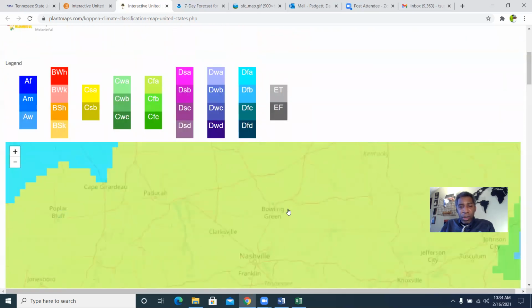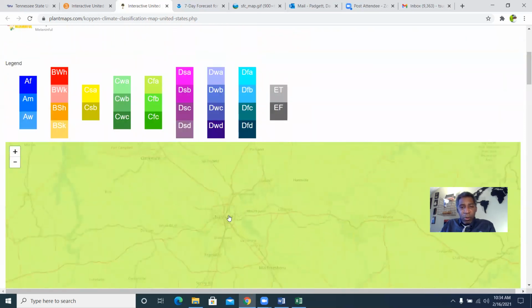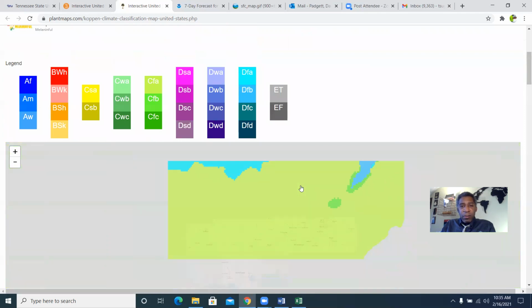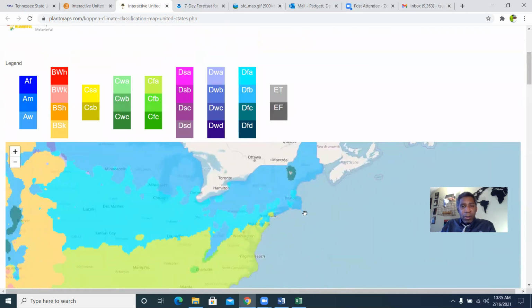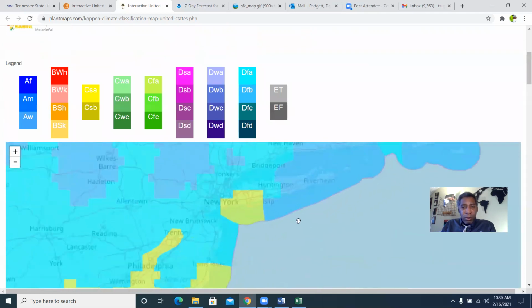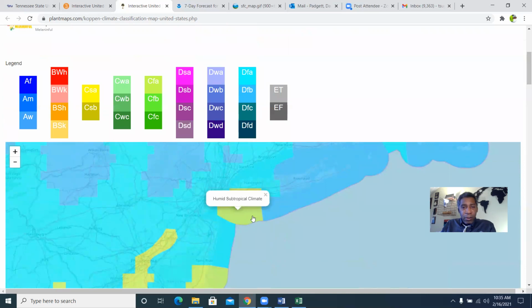So if you zoom in on your hometown, you can pretty much see what type of climate is dominant in your area, humid subtropical, and so on and so forth.